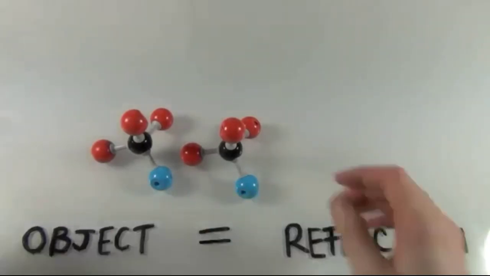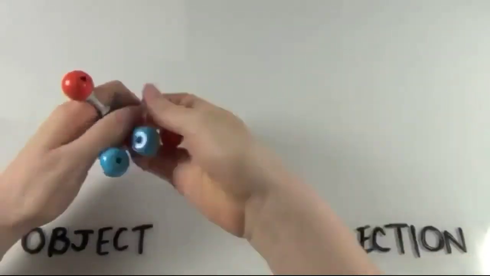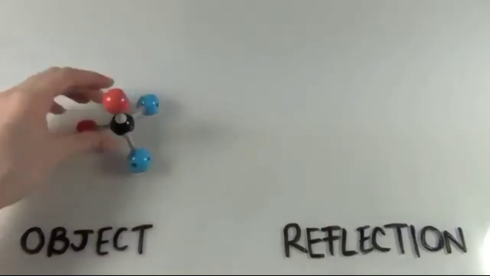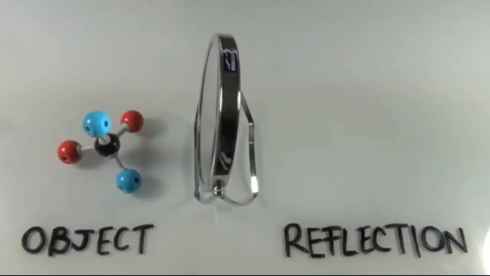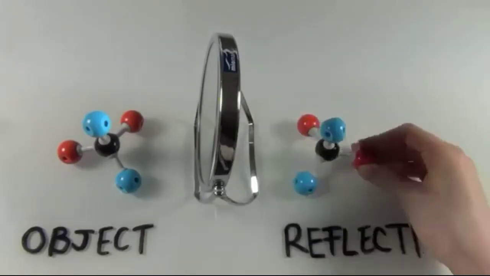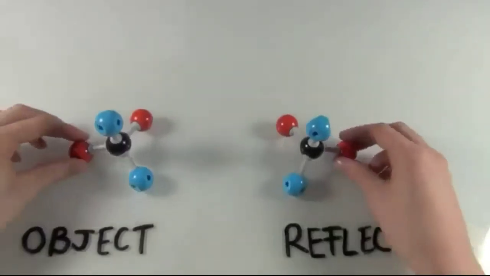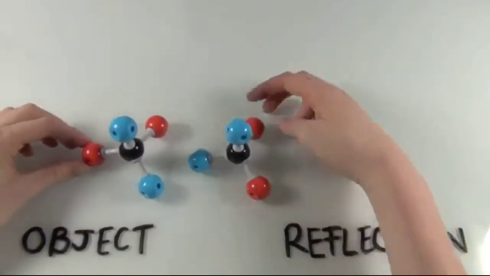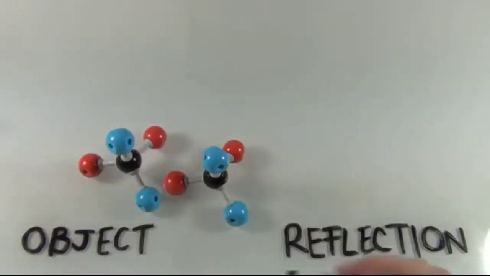They are the same reflection. Then for the next object, let's change another ball to blue, and let's see their reflection in the mirror. As we can see, they are identical. So the object is equal to its reflection.